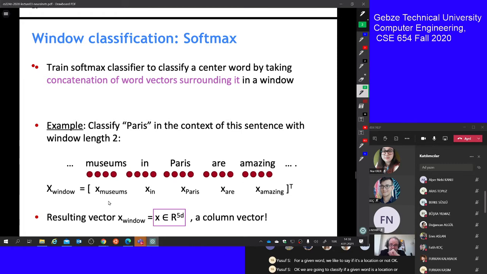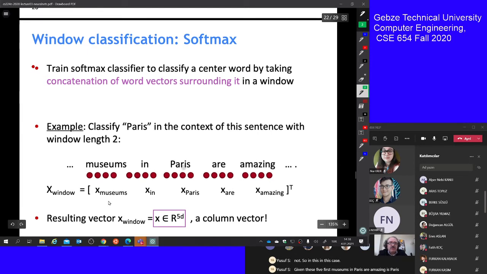So given these 5 words, "museums in Paris are amazing," is Paris a location or not? That's the idea. This is going to produce location or other, L or O.